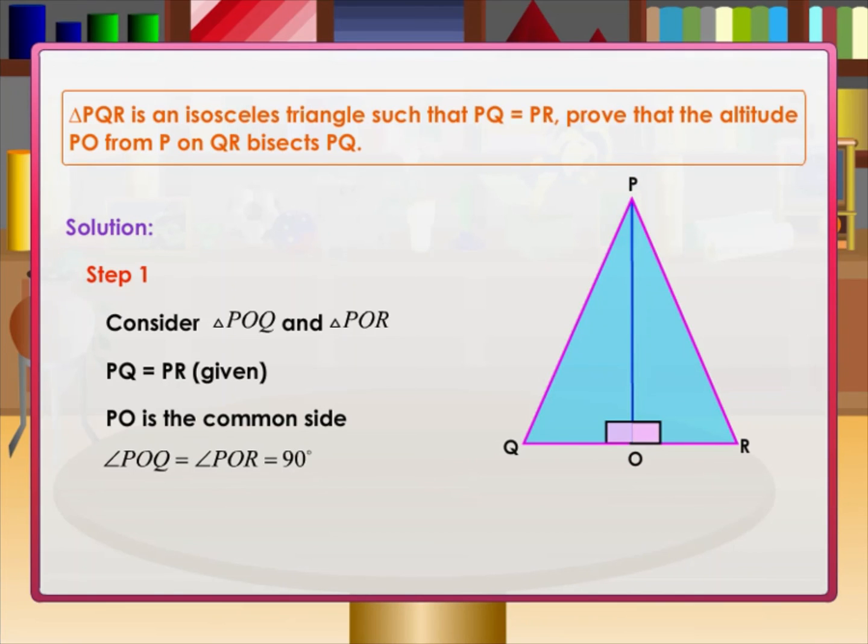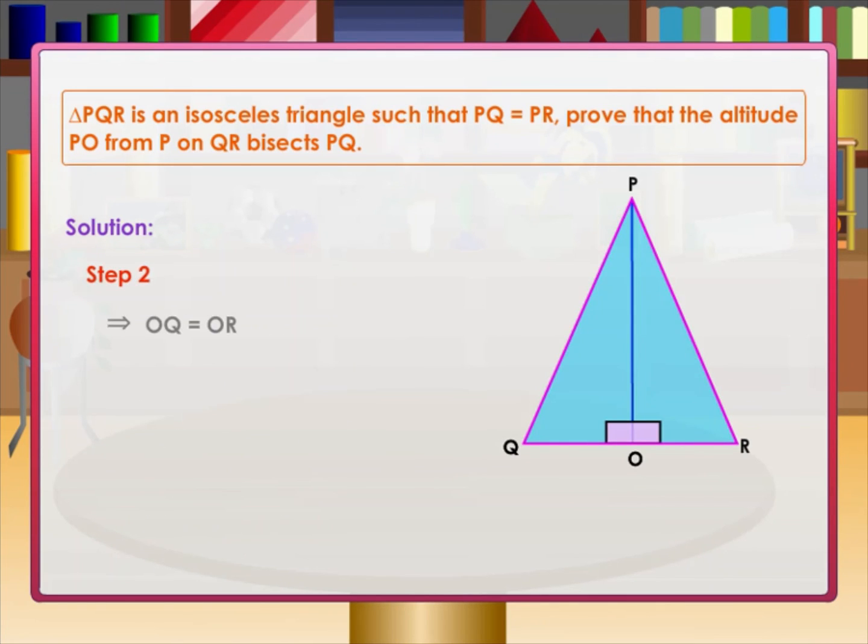The angle POQ is equal to angle POR is equal to 90 degrees. By RHS congruency, the triangle POQ is congruent to triangle POR. If the triangle POQ is congruent to the triangle POR, then OQ is equal to OR. Therefore, the altitude PO from P on QR bisects QR.